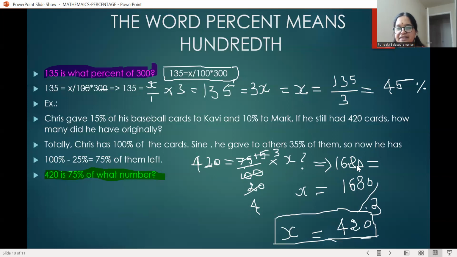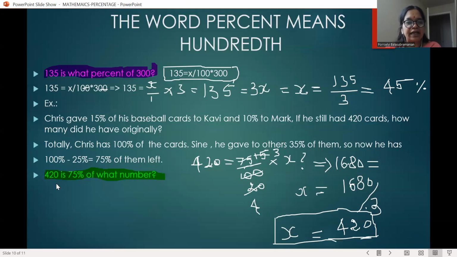So 1680 is equal to 3x. So x equal to 1680 divided by 3 will get 560. So we got the x value.